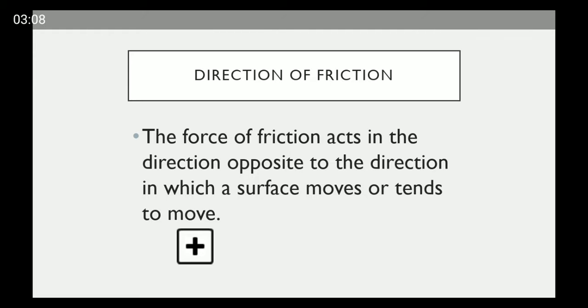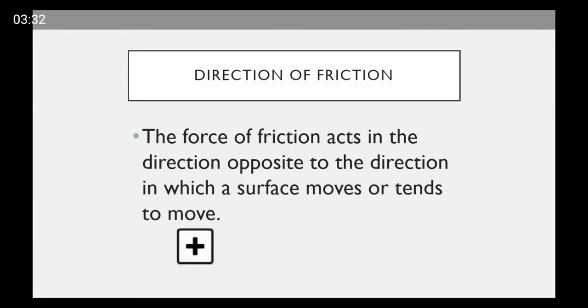That is, the force of friction always acts in the direction opposite to the motion or tendency of motion of the two surfaces in contact.